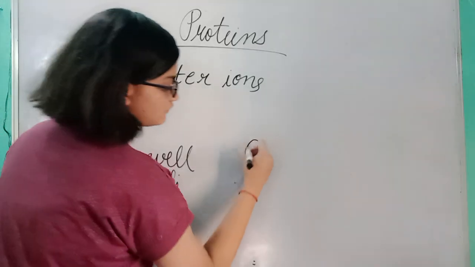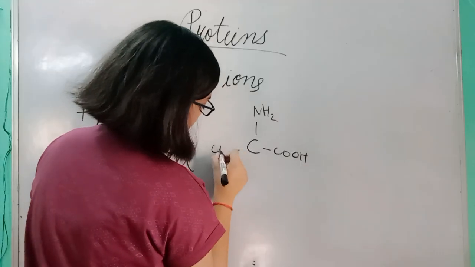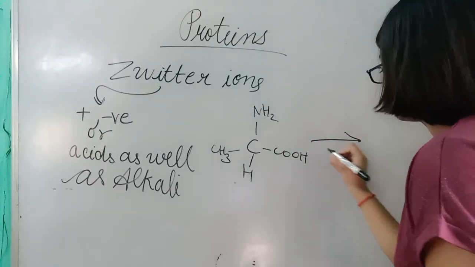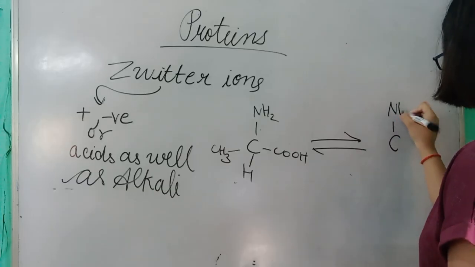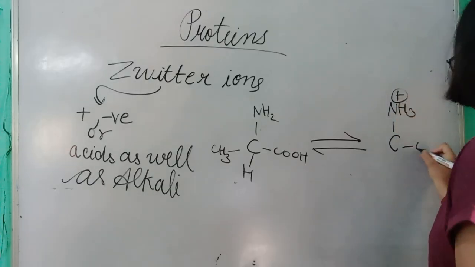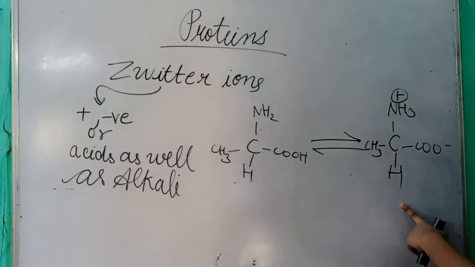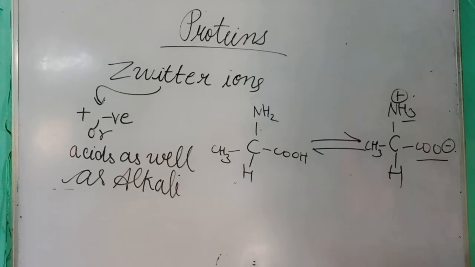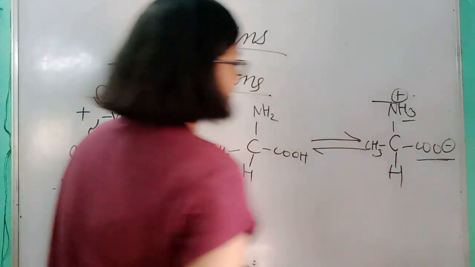Like if we have the structure of alanine and it is kept in aqueous solution, then its Zwitter ion structure will look like this, having both positive and negative, acid as well as amine.